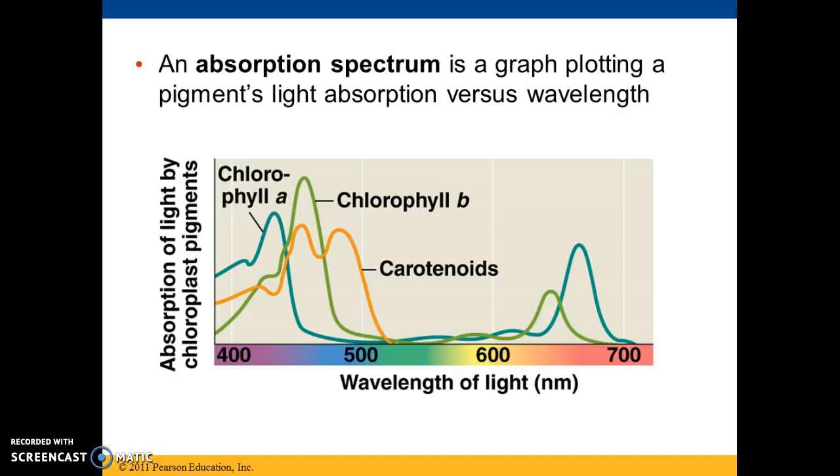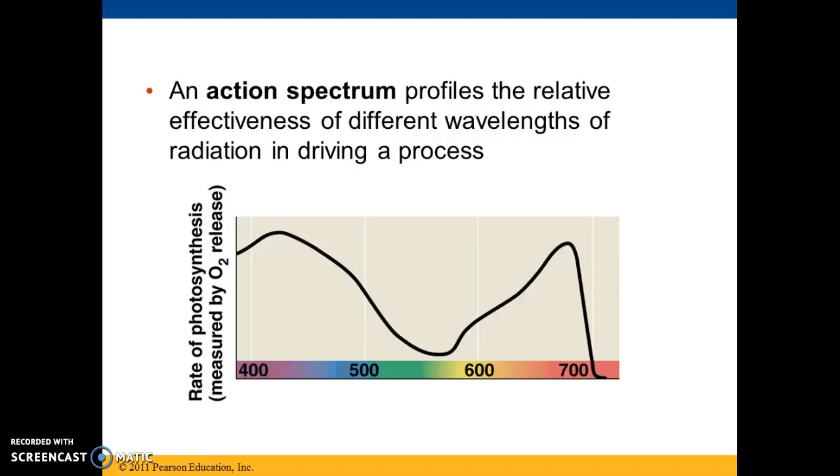As nice as it is to see which pigments are absorbing which wavelengths, it helps us more to see how effectively each wavelength is at driving a biological process. And that's reflected in a graph called an action spectrum. This shows us that there is a lot of oxygen being released, and therefore a lot of photosynthesis happening at these wavelengths because they're being absorbed.